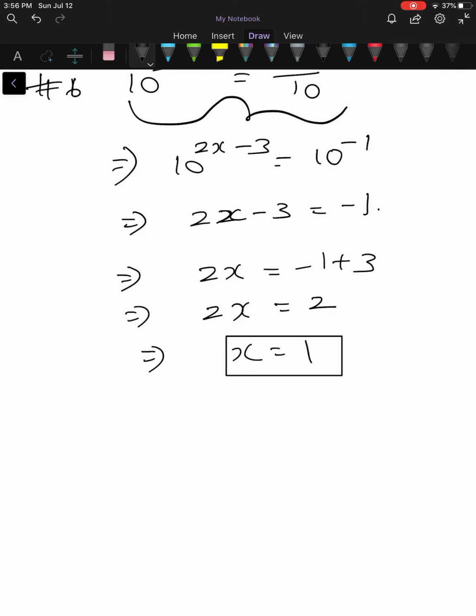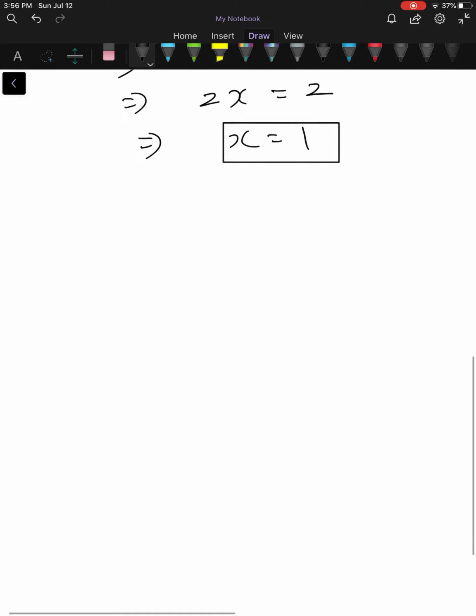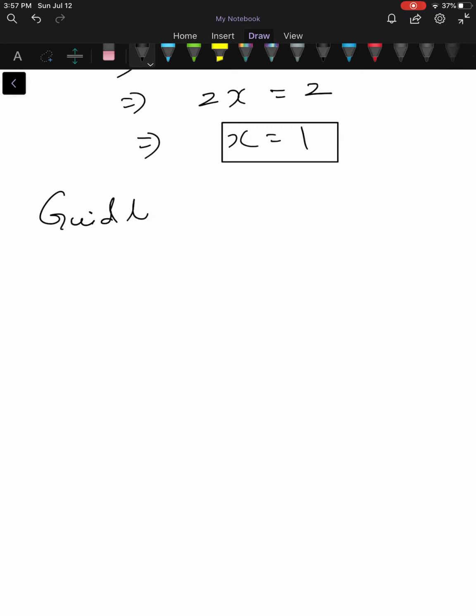Let us move further. Now I would like to sketch the guidelines for solving exponential equations.